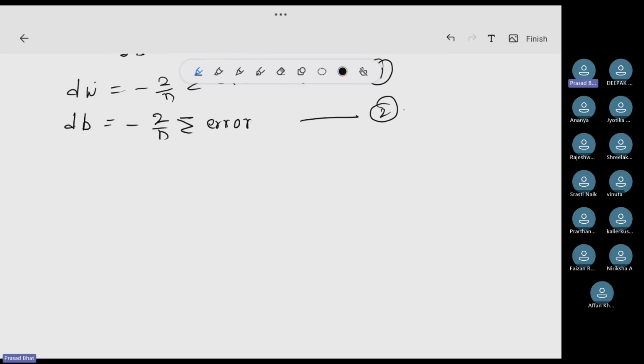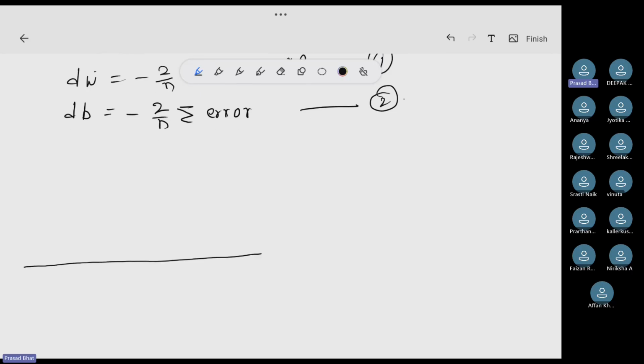Now let's look at the same concept from another perspective. If I plot the error on the x-axis, and this is the y-axis, let's take two things. One is MAE, mean absolute error, and then let's also plot MSE here.